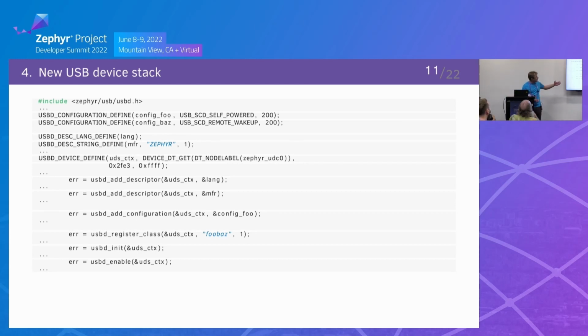So the USB device define macro can be used many times with the same device, but you can initialize it just once. If it's already initialized, this will be blocked. But if you shut down the USB, you can use another USB context with, for example, different vendor IDs and product IDs, and reuse it, initialize and enable it.